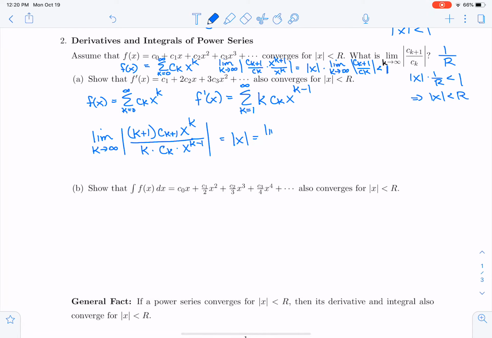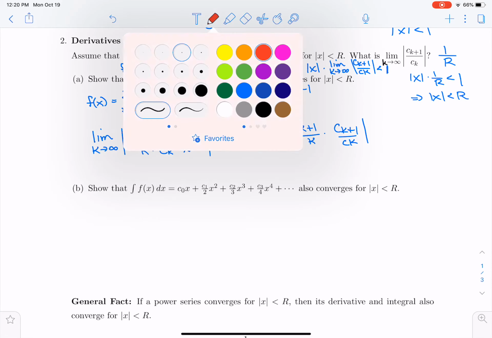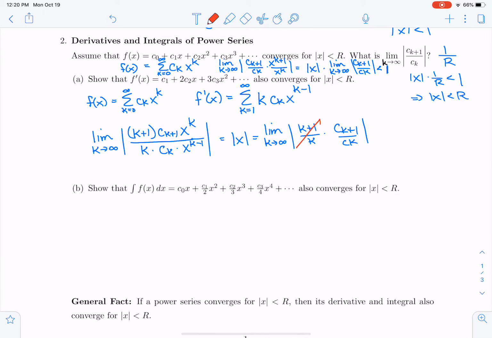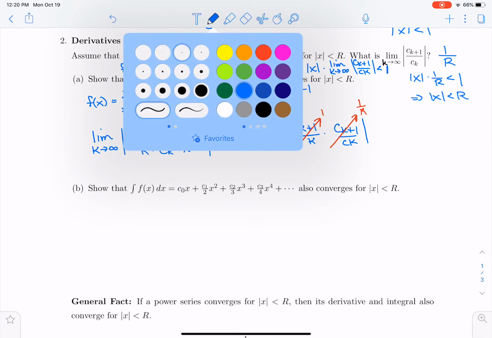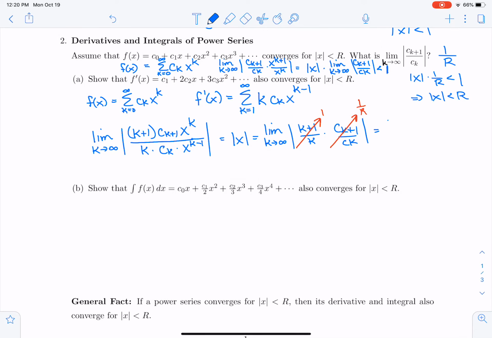And I'm left with the limit as k goes to infinity of (k plus 1) over k times c sub k plus 1 over c sub k. Well, the limit of (k plus 1) over k is just going to be 1, and the limit of c sub k plus 1 over c sub k is going to be 1 over r. So this limit is the absolute value of x over r, which by the ratio test needs to be less than 1.